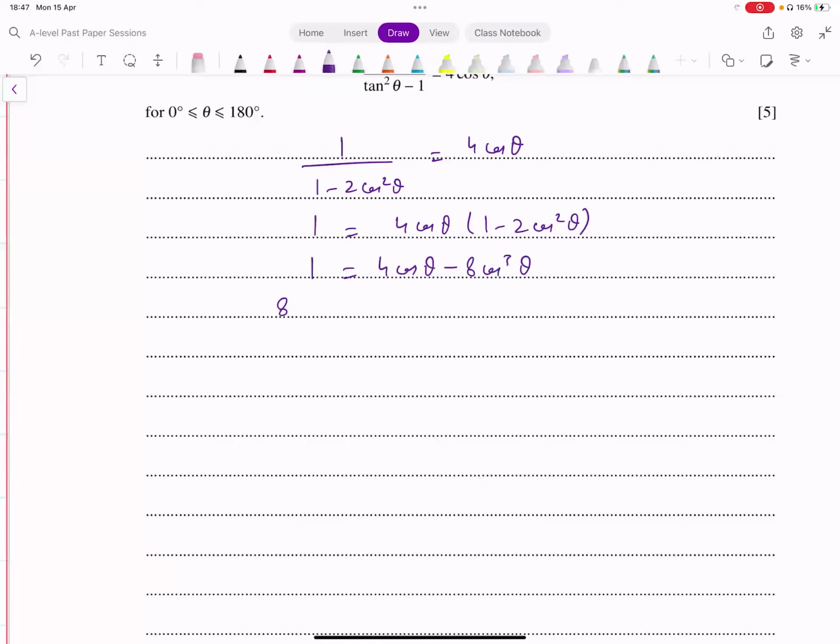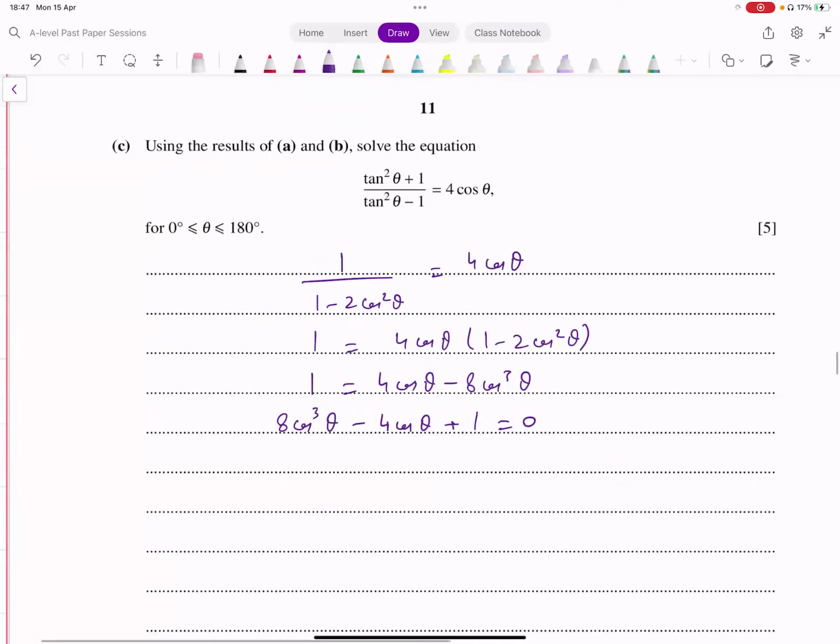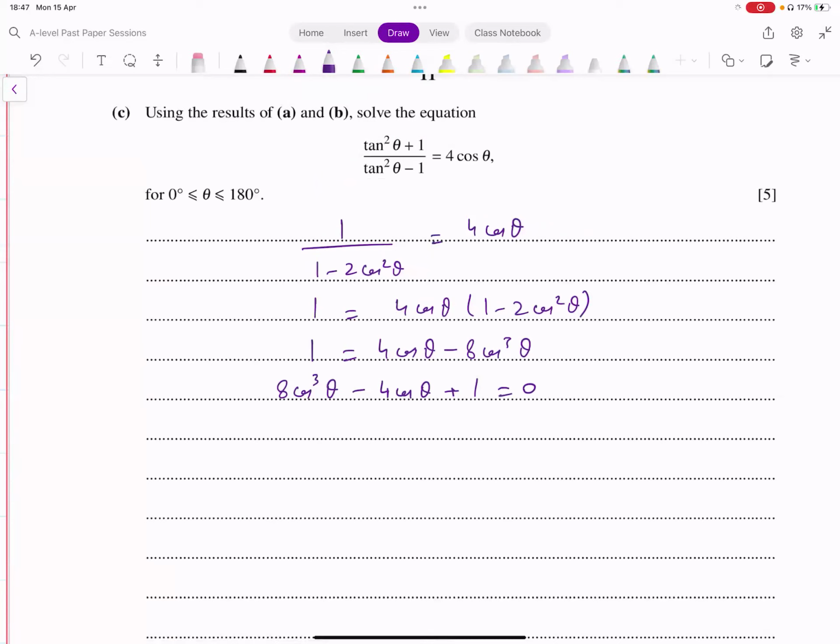If you bring everything to one side, that gives you 8 cos cube theta minus 4 cos theta plus 1 equal to 0. This is the equation that you want to solve now. How do you solve this equation? It's a cubic equation, and you do not know how to solve cubic equations, right? You will learn how to solve some cubic equations in paper 3 later on, but for now, you don't know how to do this.